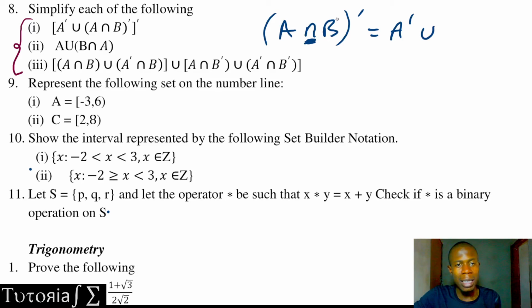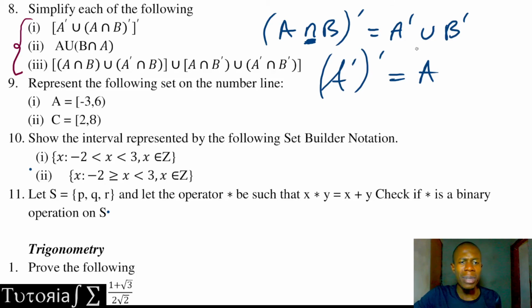So there it changes, then comes B complement. So this is what you should note. Another thing that you should note is when you have A complement and complement, this is basically equal to A.